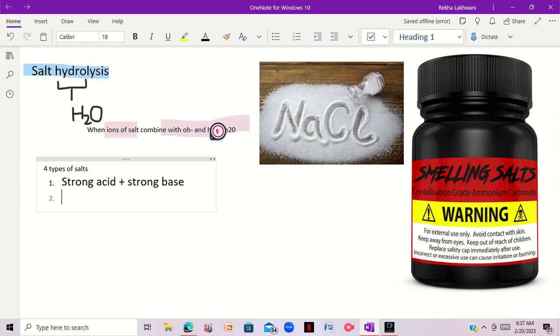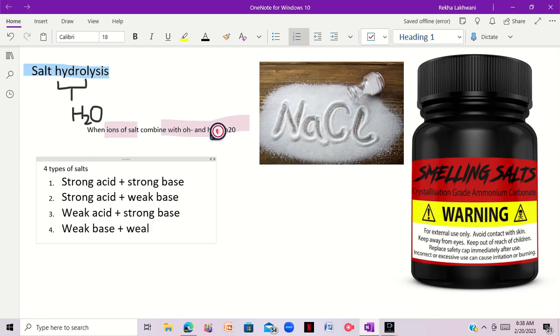The second kind of salt we have is when it is a strong acid plus weak base. Third, we have a weak acid but strong base. And fourth, we have weak base plus weak acid.